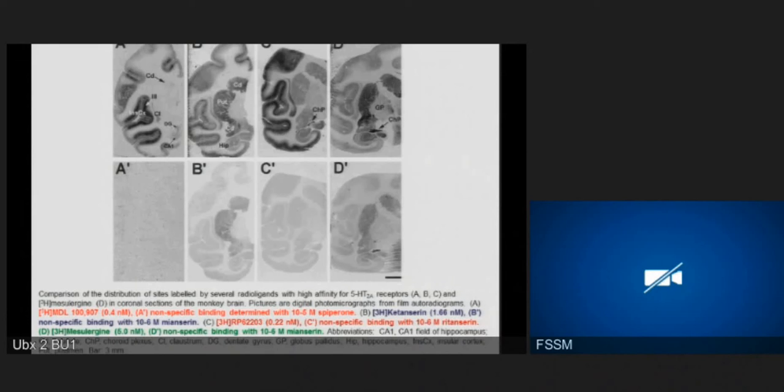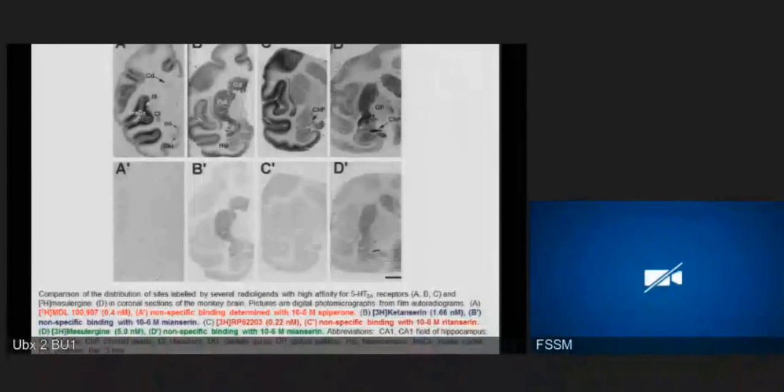So we have an issue. But when you are doing the non-specific binding with a co-ligand in excess, in A prime, the binding is totally removed. So it means that probably what we see on A is close to the specific binding. While in B prime, you can see that something is still present, especially in the caudate putamen.